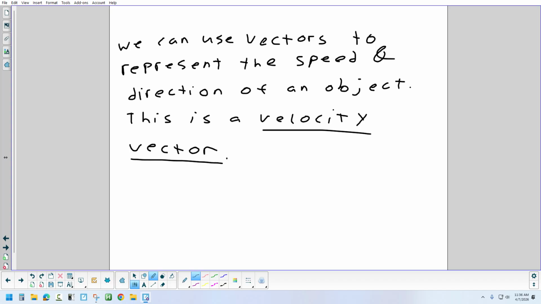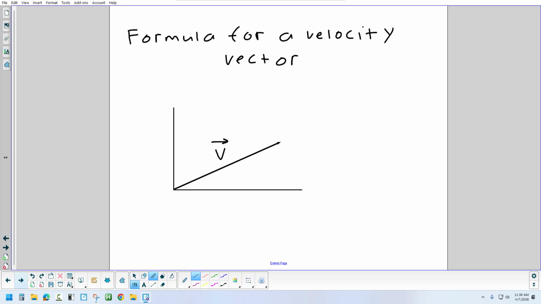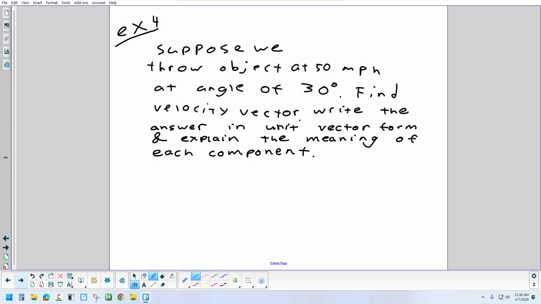All right, so we're going to see if we can come up with a formula for a velocity vector. What they're going to tell you in a problem, you don't have to write it yet because we're not there yet, is the angle that the object is being thrown at, and the speed of the object.